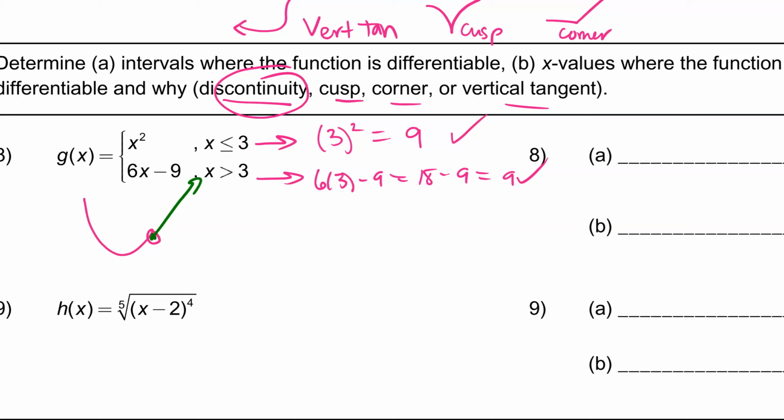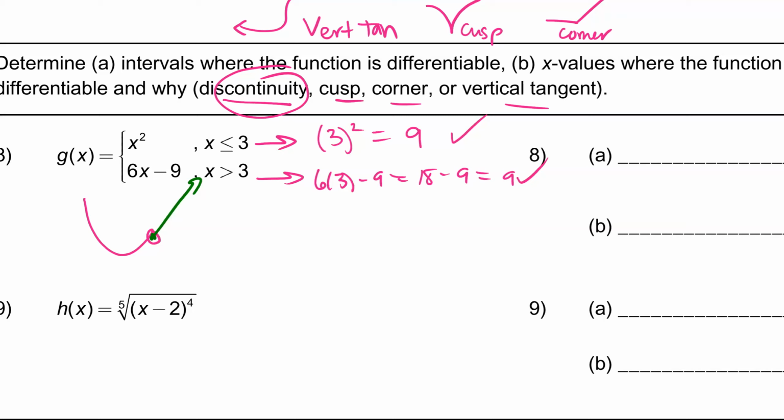So let's go through this. Do we have a discontinuity here? No, it's continuous. We just proved it. Do we have a cusp? No flying birds. We're good. Do we have a corner? No. No. No. Do we have a vertical tangent?